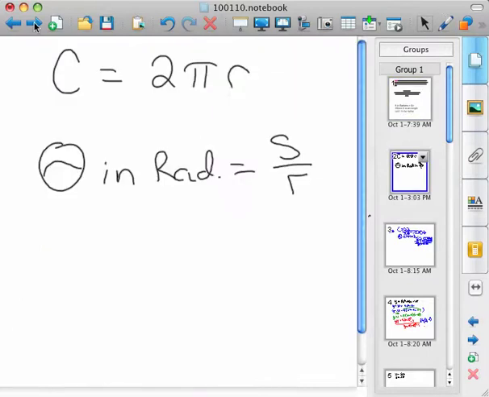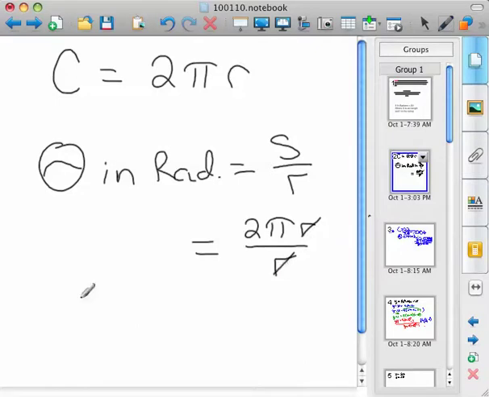Let's just look at a full circle. We know an entire circle has a circumference of 2 pi r. So the arc length for a whole circle would be 2 times pi times the radius. We know our equation: theta in radians is equal to s over r. So we can do a quick proof here. For a full circle, 2 pi r divided by r, the r's cancel.